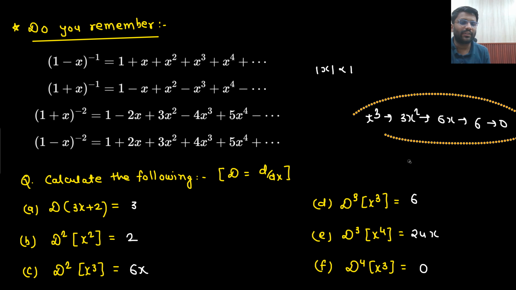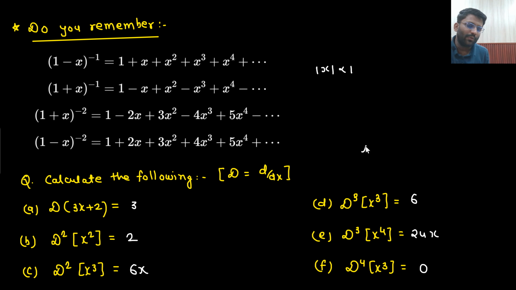So from here, what did you understand? If you do D to the power n on x to the power n, what answer will you get? The answer will be n factorial. Just think about it: you are differentiating x to the power 4, 4 times, and the answer is 4 factorial, which is 24.